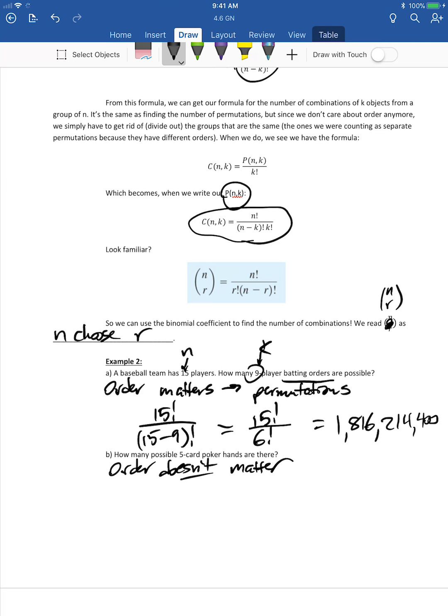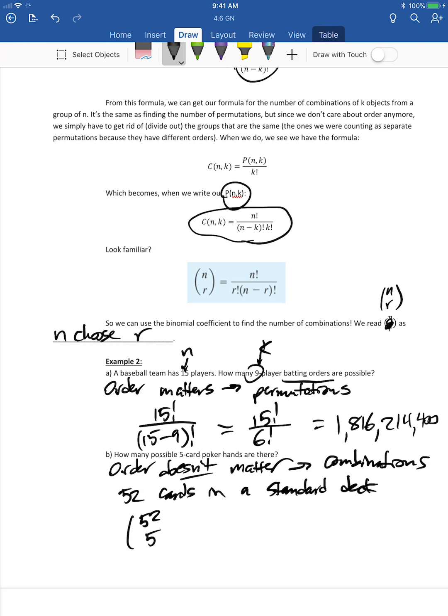So we're using combinations. That means we're looking at n choose r. There are 52 cards in a standard deck, and I'm choosing 5 of them. So 52 choose 5.